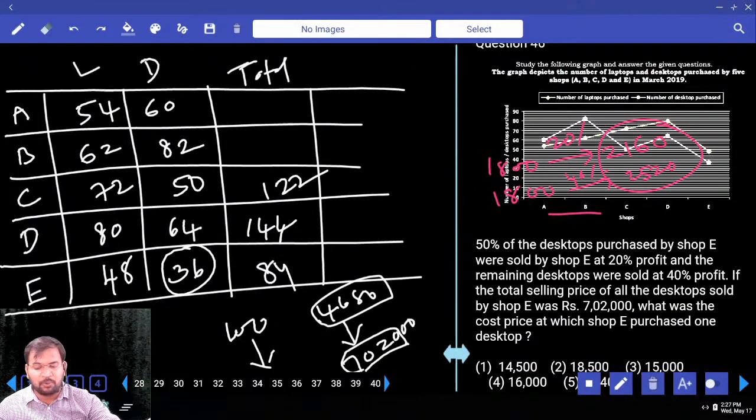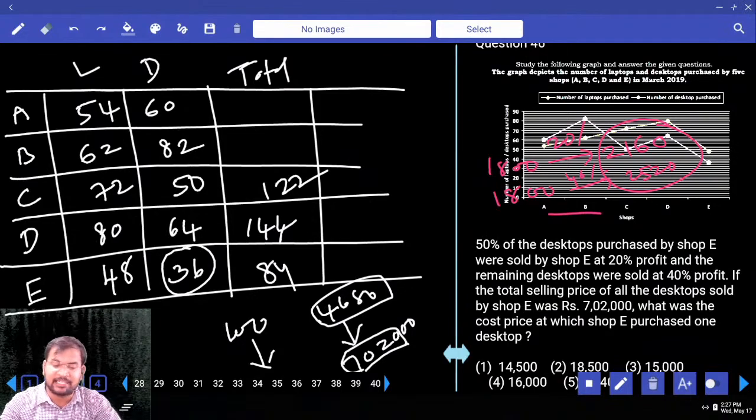It's not possible to go for 2 times. 2 times 46 is 92. 46 ones are 46. Remainder will be 24. 24 is almost half of that, but less than half. And it goes exactly 1.5 times.